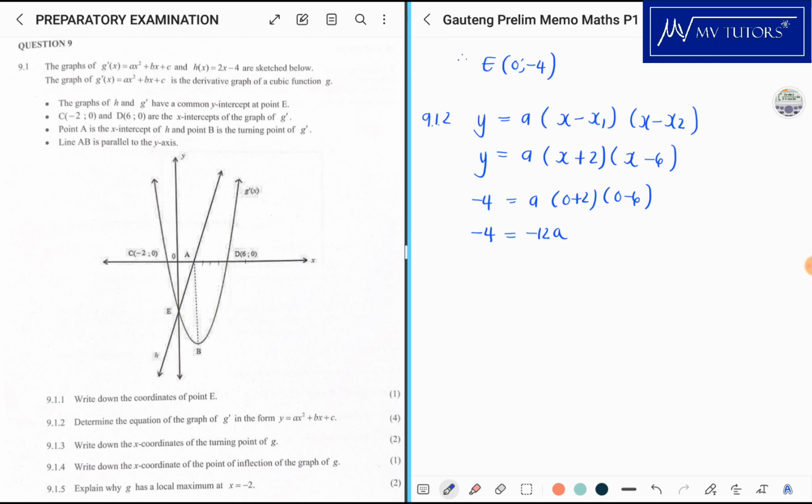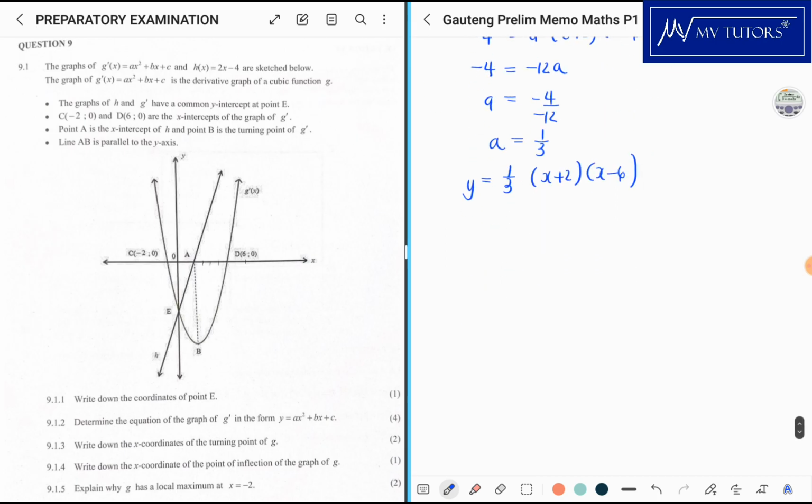Because we have a happy face parabola, we are expecting a to be positive. So a is actually equal to 1/3. And as such, we can write out the equation in this form: 1/3 (x + 2)(x − 6). We're going to take out the brackets.